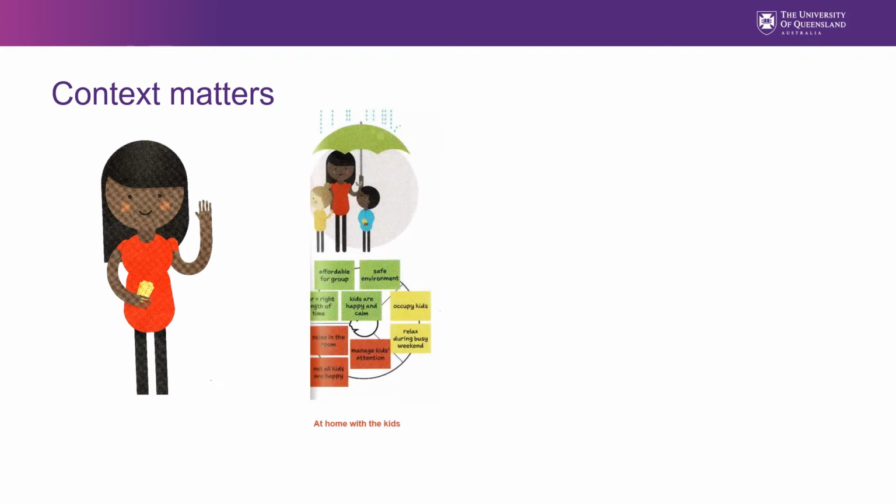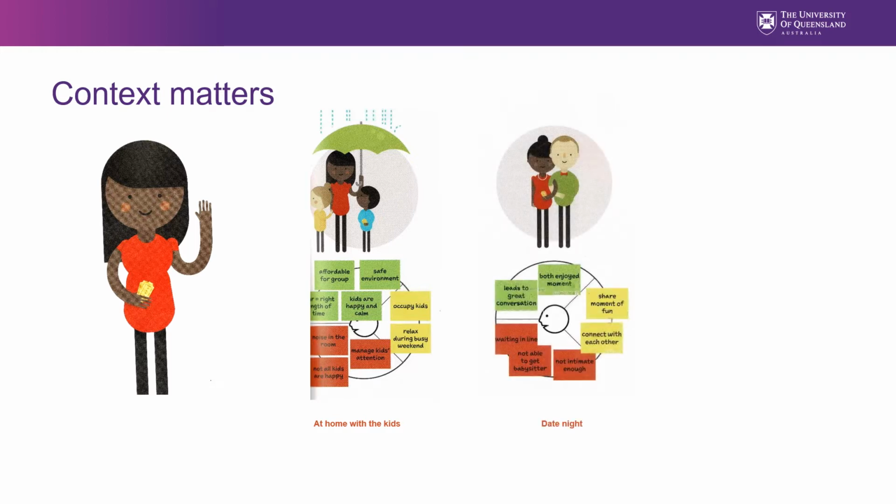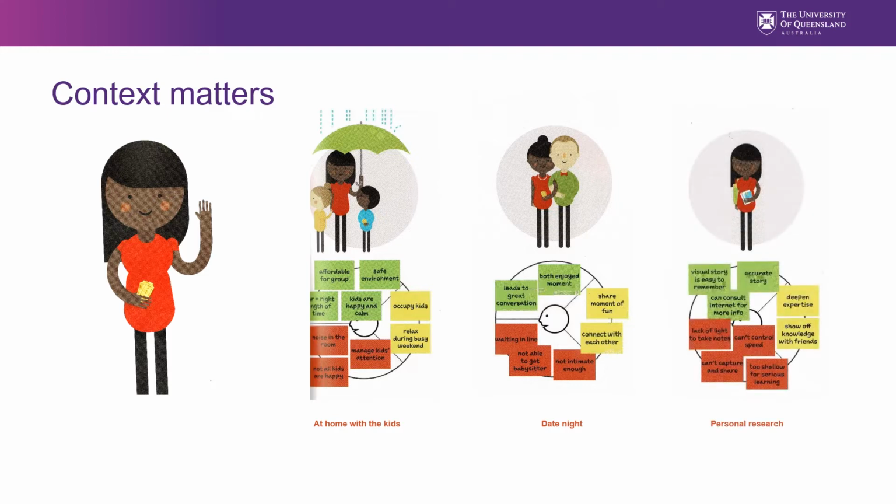If she's at home with the kids and thinking about going to the movies, that is going to look very different to going to the movies for a date night, or going to see a movie related to a topic that she's interested in. The jobs or the tasks to do will change significantly based on that context.